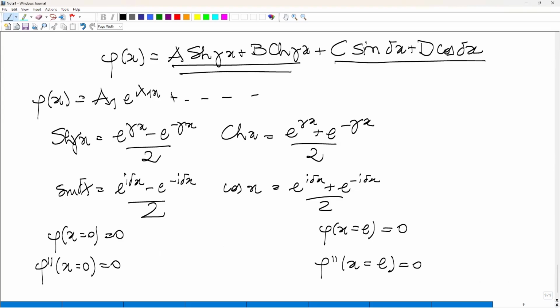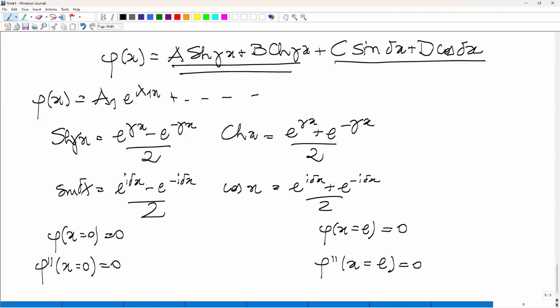Remember one thing: even if we see them as boundary conditions on the rotation and on the second derivative of the rotation, these are 2 different types of boundary conditions. Here, phi equal to 0, you are assigning a boundary condition on a deformation, which is the rotation.